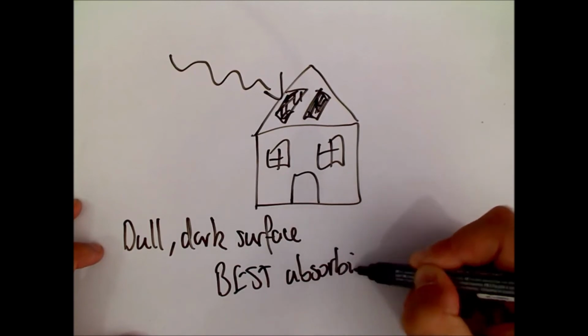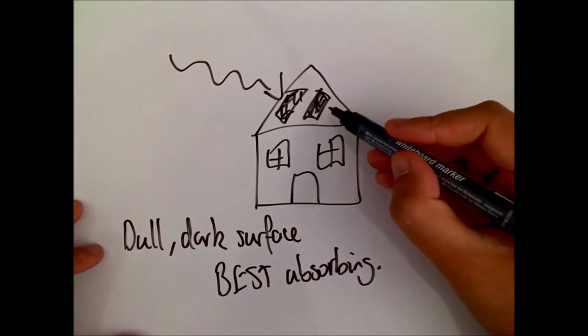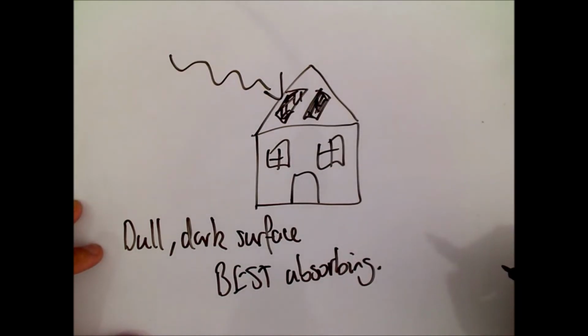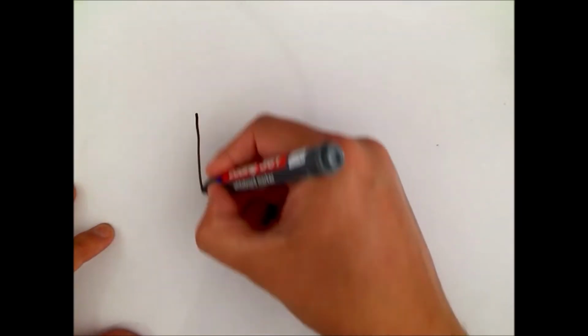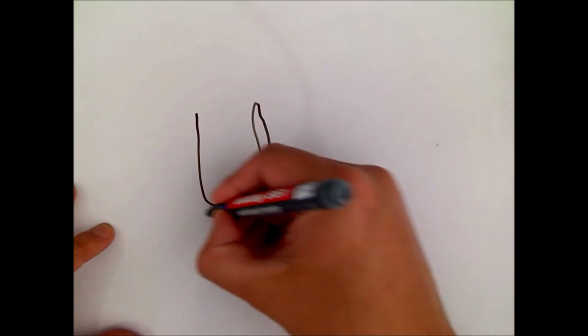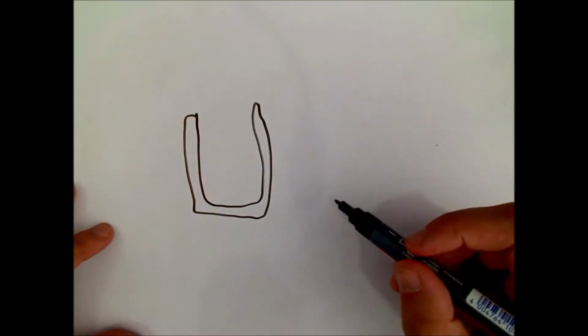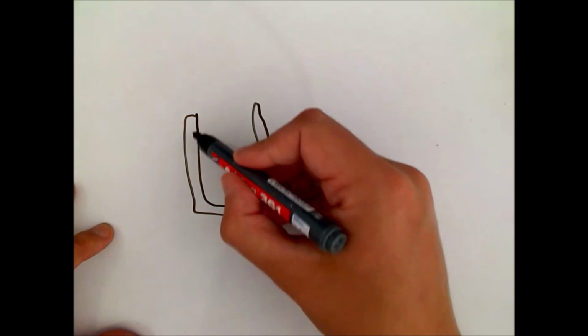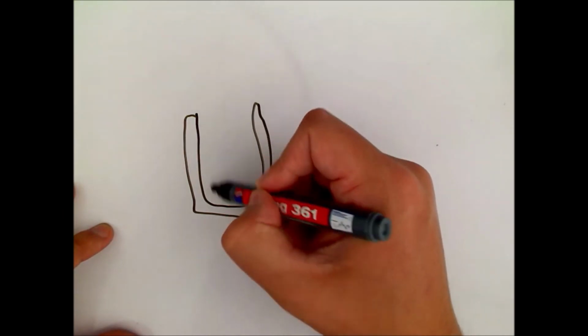And we want the surface of a solar panel to be the best at absorbing the maximum amount of energy possible. Opposite to that, if you look inside one of those flasks that people have to keep things really cold or really hot, they have a really light and shiny surface on the inside.